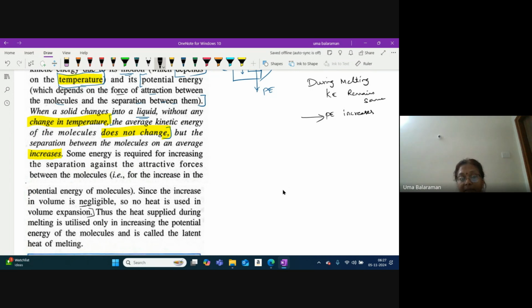When you heat, the volume usually expands. So here volume is not increased on melting. So the heat energy supplied during melting is utilized only in increasing the potential energy. These are small points that they can use to confuse you.